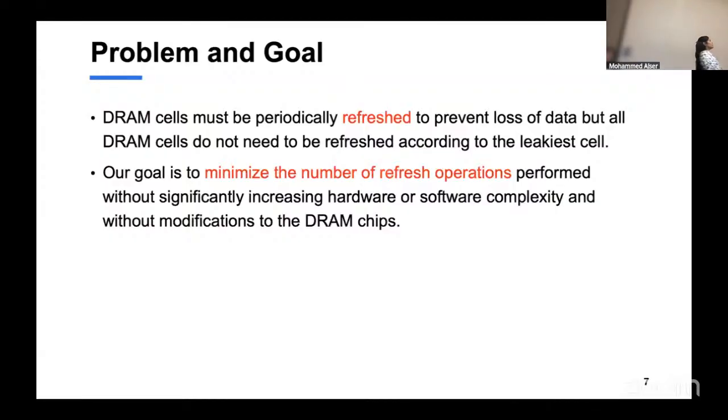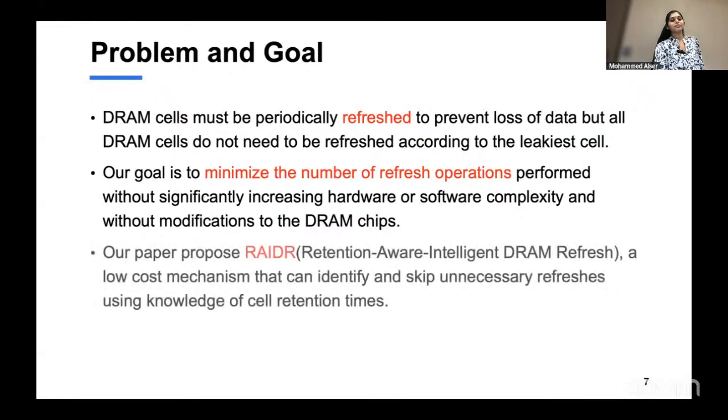Our goal is to minimize the number of refresh operations to be performed without significantly increasing the hardware or software complexity, without modifications to the DRAM chips. Our goal is to reach the minimum number of refresh operations, which is cost effective and also easier.